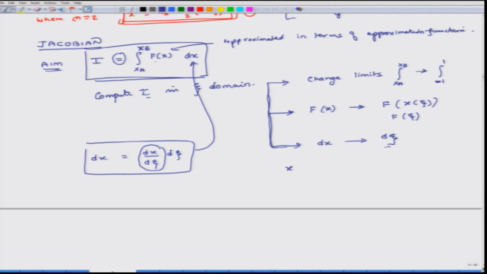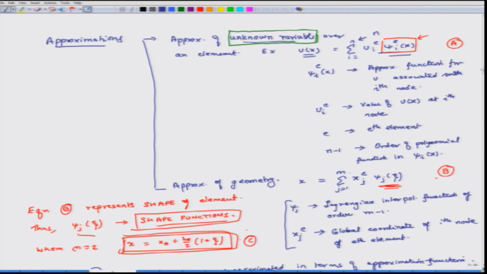Now, we know that x is equal to, in general, see, for a two noded element the mapping was this thing, equation C, but the general mapping is this thing. This is the general mapping, this is for a two noded element only, okay. So, we will use a general mapping scheme.